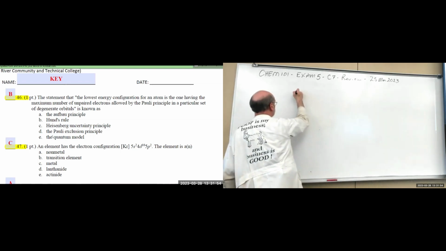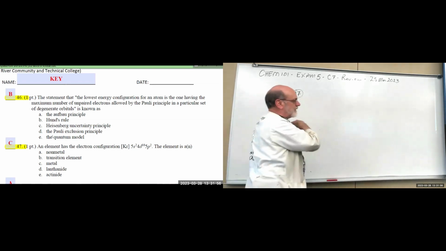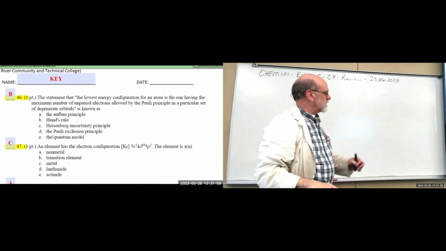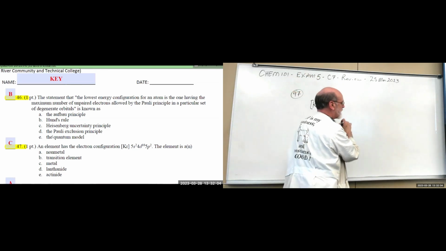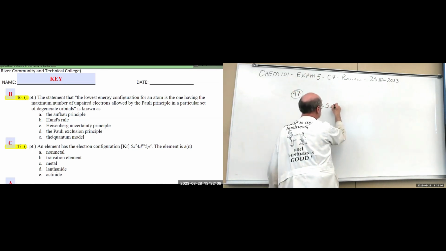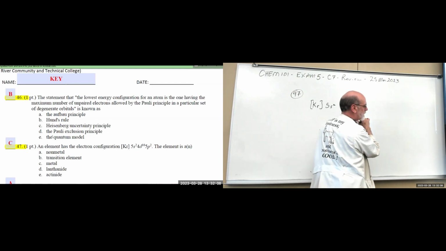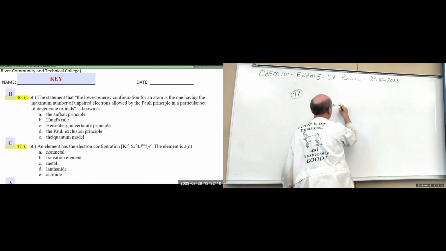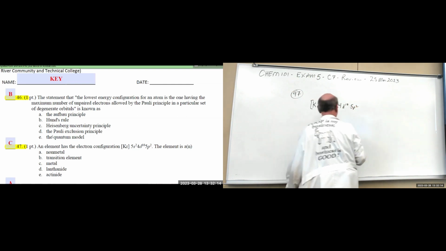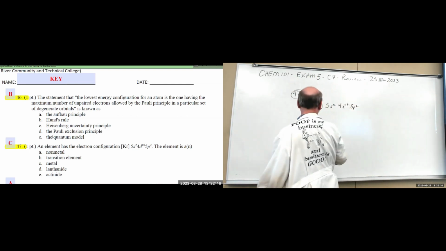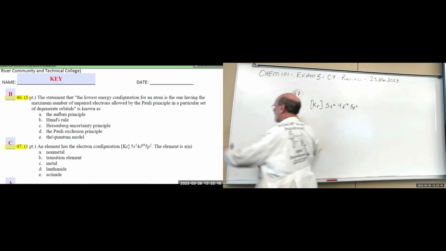47. An element has the electron configuration krypton, and beyond that is 5s2, 4d10, and 5p2. What are we talking about there? Krypton, right?